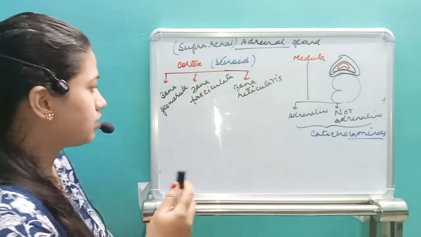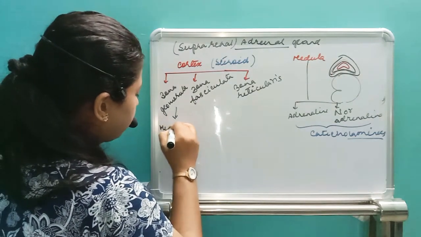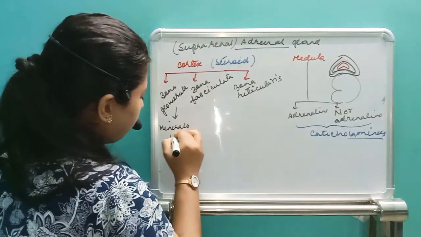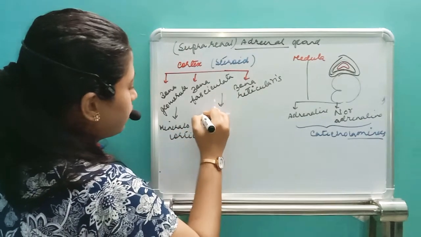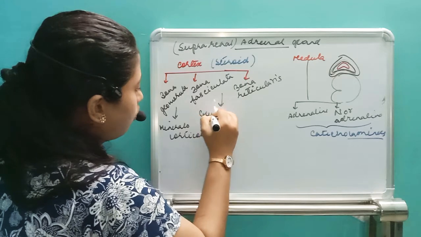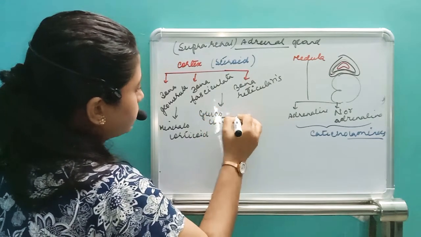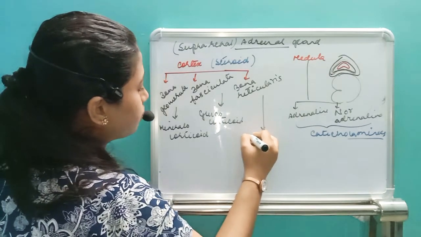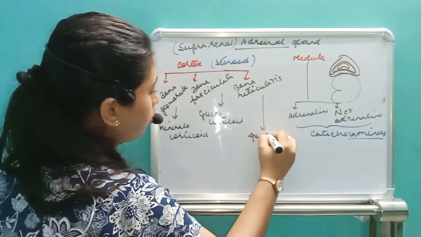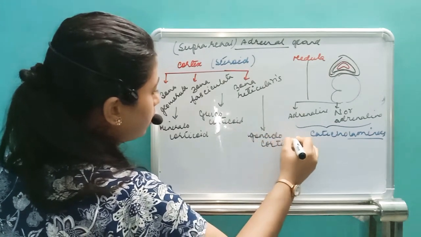And the cortex releases three hormones. One, the zona glomerulosa, which is releasing a hormone called mineralocorticoid. Second, zona fasciculata, it is releasing glucocorticoid, and the last one, zona reticularis, is releasing gonadocorticoid.